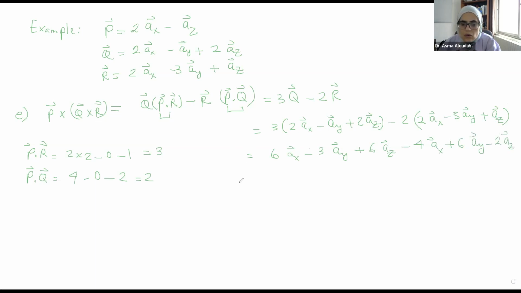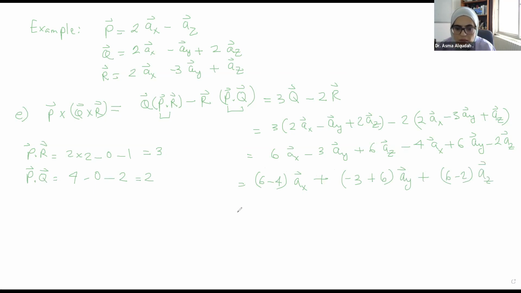Okay, now we collect each component in the same direction together. So we have 6a sub x minus 4a sub x, so 6 minus 4 in the x direction, plus we have minus 3 plus 6 a sub y, and we have 6 and minus 2 in the z direction.